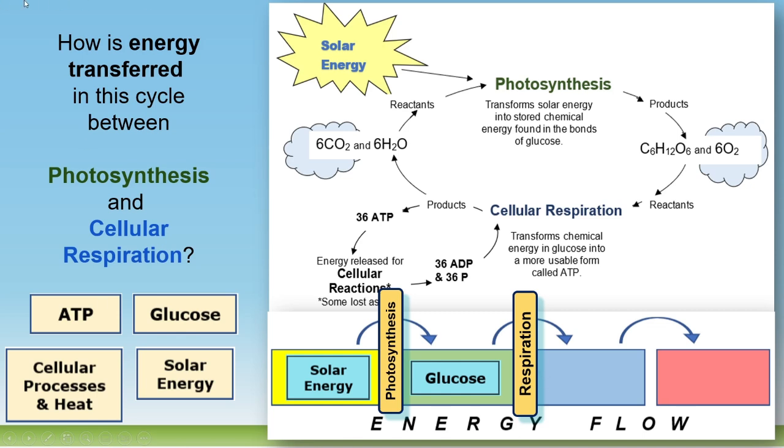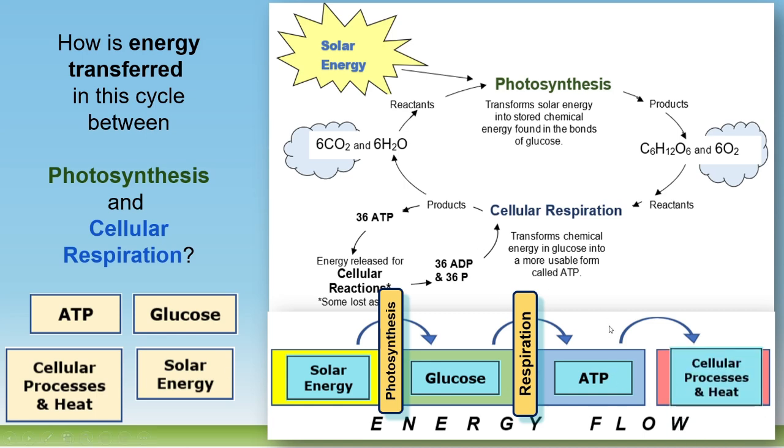So go ahead and write that either the way it is on the screen or right above that arrow. So write in respiration. So glucose is the reactant after going through cellular respiration. It produces ATP energy. So that ATP energy is energy for the cell. So go ahead and write that in.